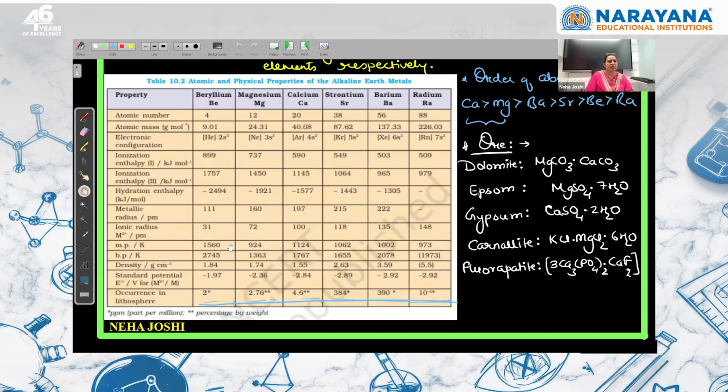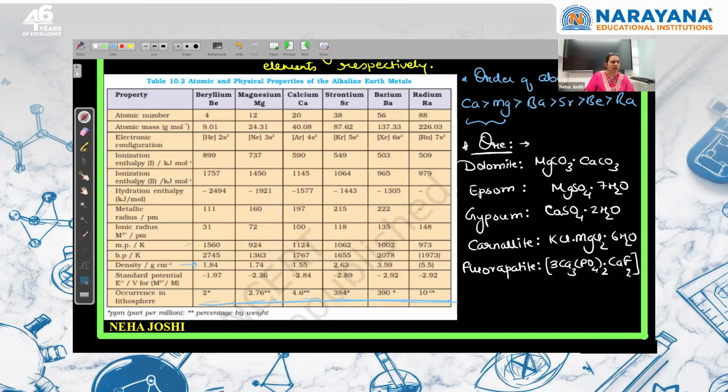Almost everything, broadly, not exactly, is regular except for density here, where there were a few hiccups like decreasing, decreasing, again increasing. Otherwise, nothing much as such.